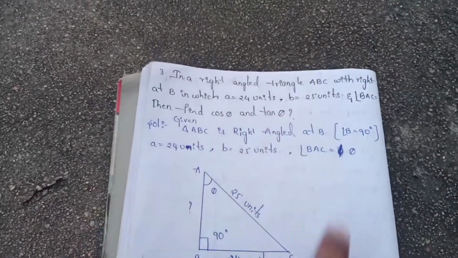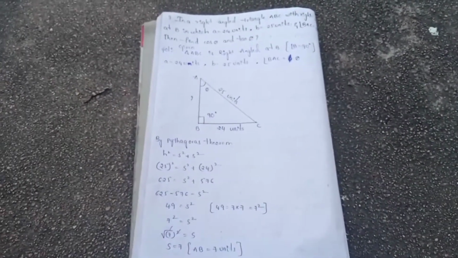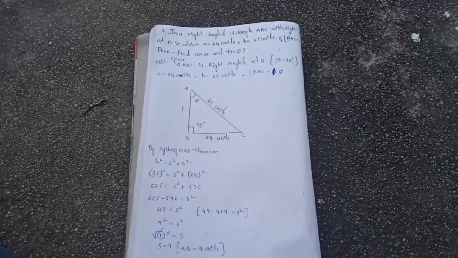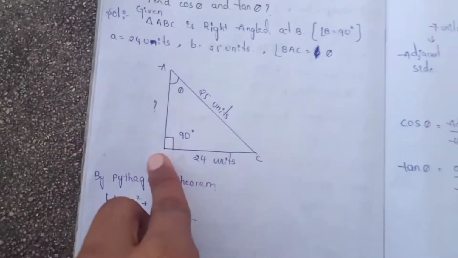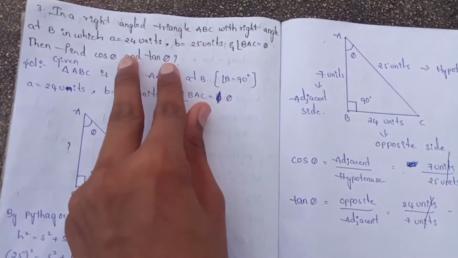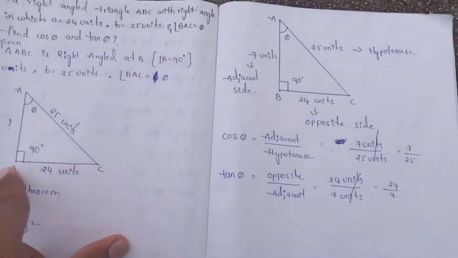What is asked to find out? Cos theta and tan theta. See here, we have to find out this cos theta and tan theta. Based on this, we have to draw this diagram once again. The theta angle is the same, so we have to draw only one triangle, with the same measurements.